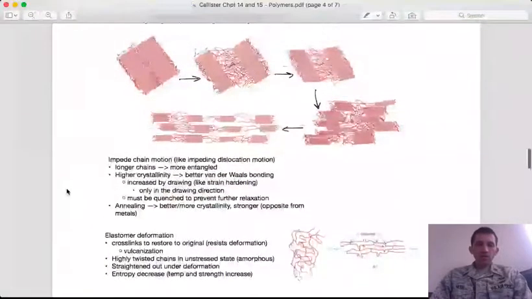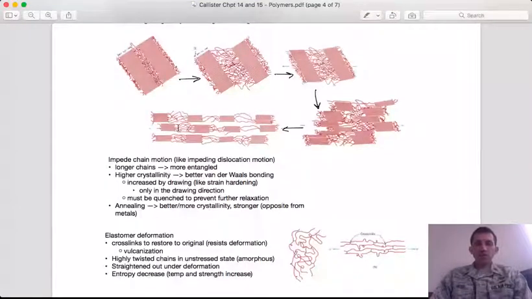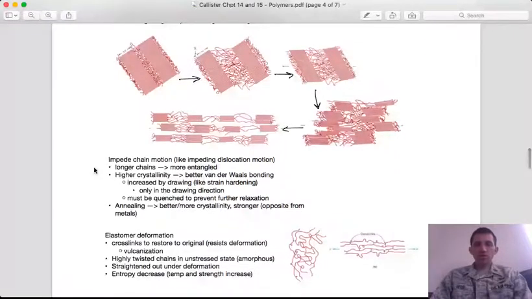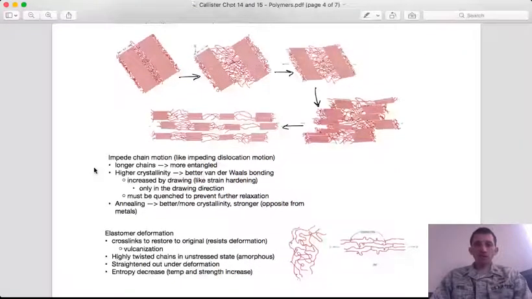And so it's easier to produce the drawing at an elevated temperature, but at an elevated temperature, they can move both ways, so they could easily go back. And so after you draw it, after you establish this crystallinity, similar to quenching a metal, you need to quench a polymer system to lock in this structure that you have created.